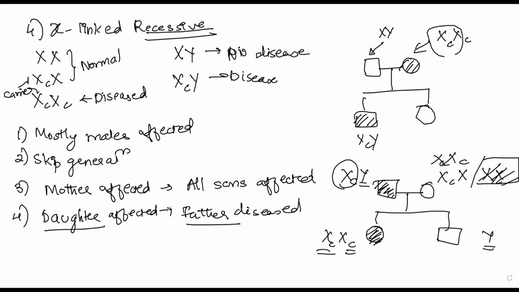Now, what are the examples of diseases following this kind of trait? The most famous example is hemophilia, which is a deficiency in one of the clotting factors.